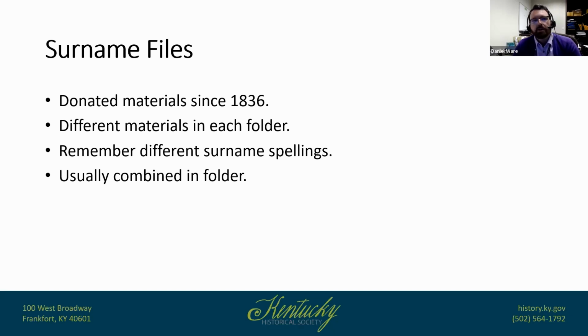In some families, we've got 20 plus folders for that particular surname, and some we may have one. We also, depending on the individual, sometimes have surname files on a specific person, especially if they had some kind of historical relevance, or they were a political person, or something like that.